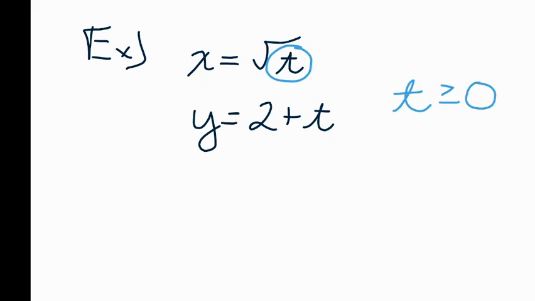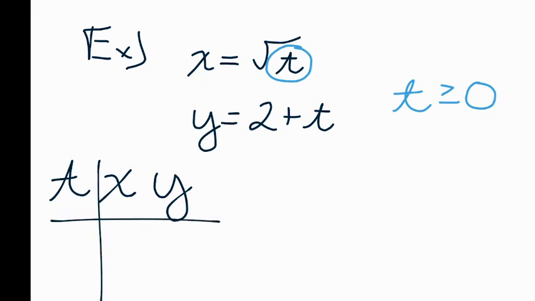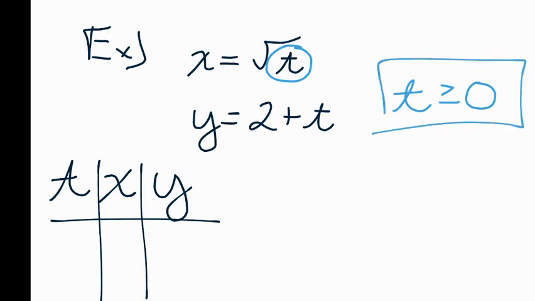So this problem had an assumed restriction. If you say, so what's that going to do? Well, kids, that's going to help you when it's time to get your table of values. Your table of values, I don't want to do it for you, has to be numbers that are greater than or equal to 0. I'm talking about the t values. So we call that an assumed restriction.